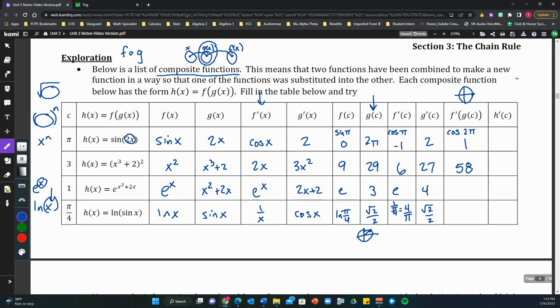Next one, when g of c is 3, I'm going to stick that into e to the x, so we would get e cubed. And then for the last one, when g of c is square root of 2 over 2, we need to stick that into 1 over x. And remember, that's really like multiplying by its reciprocal, or really just flipping this guy. So we get 2 over root 2, which when we actually simplify that all out, turns out to be square root of 2.